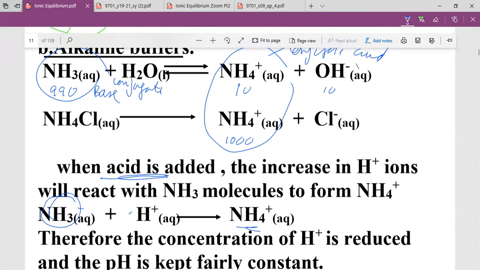Sometimes some people also talk about plus H+. For example, 50 here, and now you have 10, and this will cause the equilibrium to shift forward and produce more. So some will go down, and this one will increase. But normally this is the best: ammonia plus H+ gives ammonium, so it cancels off the effect.